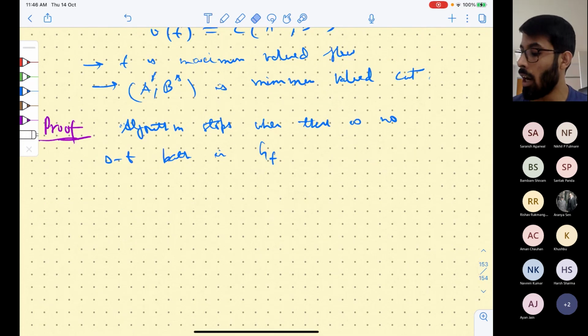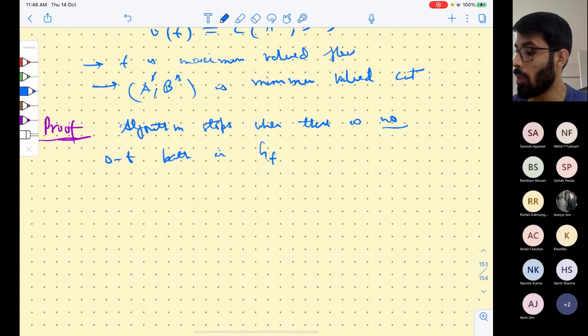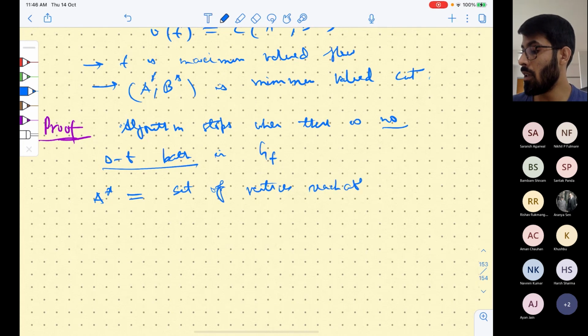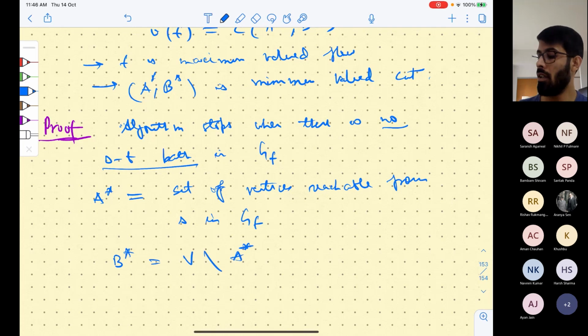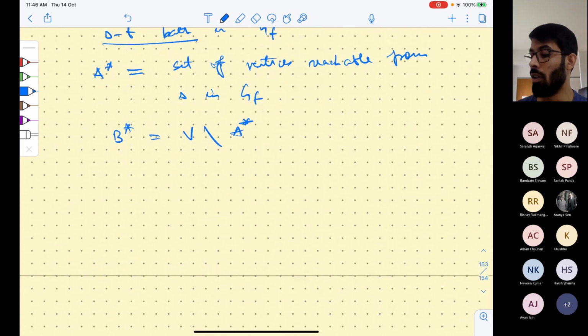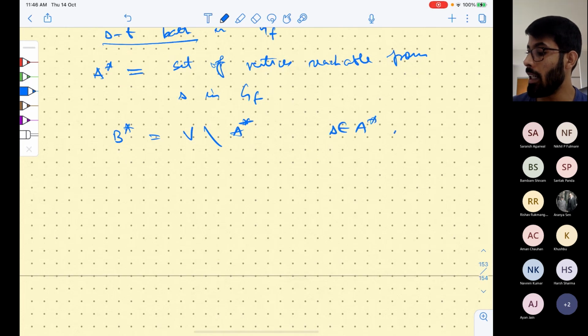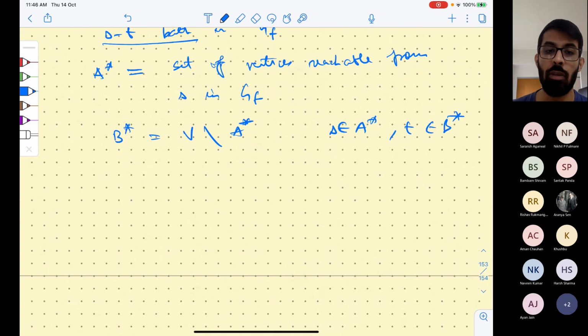So we use this property, that there is no ST path, to get the partition. So let A star be the set of vertices reachable from S in GF, and let B star be V minus A star, which is the set of vertices not reachable from S in GF. And clearly, S belongs to A star and T belongs to B star. Why? Because T is not reachable from S by our assumption.